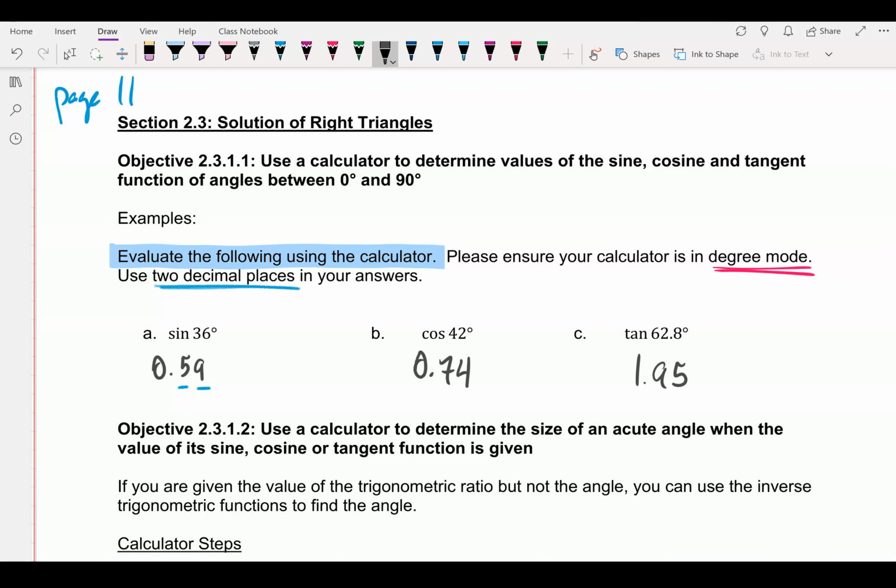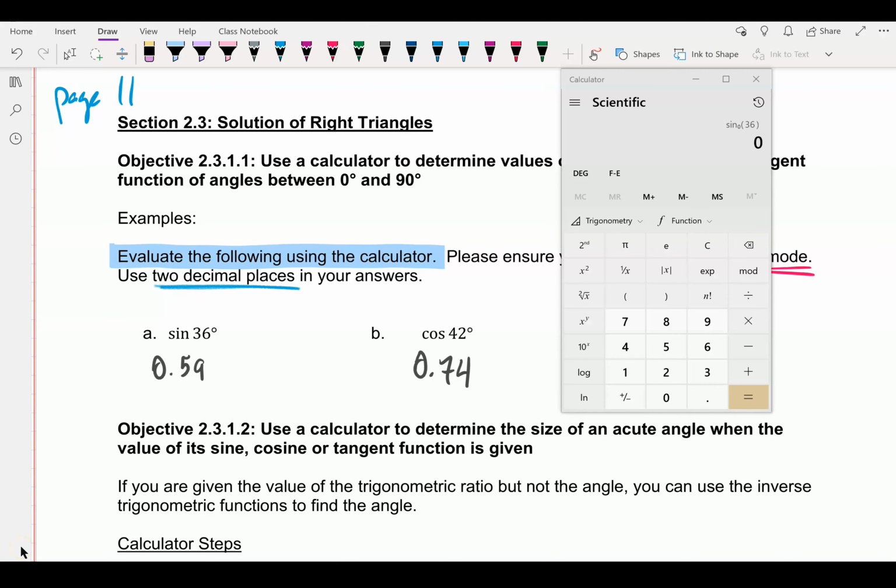So go ahead, pause the video, find those functions on your calculator, and see if you get the same thing as I did. One important thing to note is if you're using something like an iPhone calculator or a basic calculator, you sometimes need to put the number in first. So you need to put 36 degrees in first, for example, and then click the trig function.